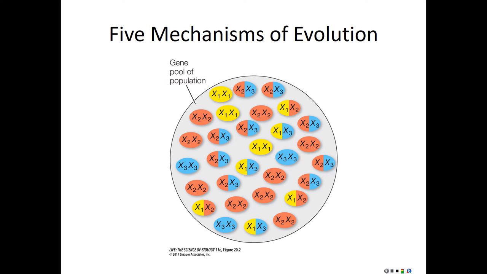So first, mutation. And I'm just going to list them for now. Second, natural selection. Third, something called genetic drift.